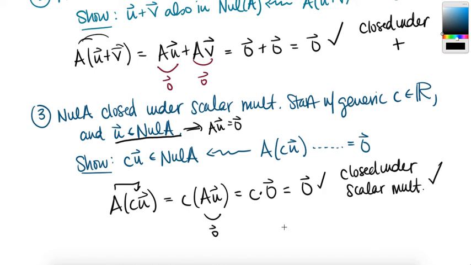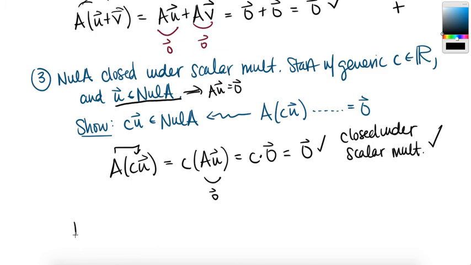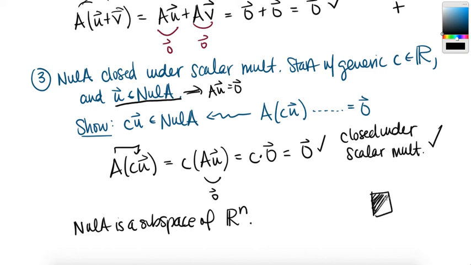Joy. Therefore, the null space is a subspace. And it has to be a subspace of Rn, because if it's not n, then multiplication doesn't make sense. And we get to draw our little proof box, and we're done.